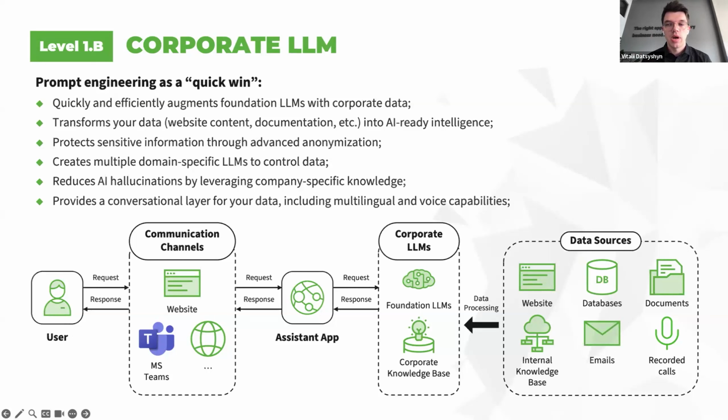Here, we transform customer data from different sources like websites, databases, documents, emails, and so on into AI-ready intelligence. During this transformation, we use anonymization and masking to protect sensitive data. And at the end of this process, we have different LLMs that have access only to the data that is needed and not to the entire knowledge base.